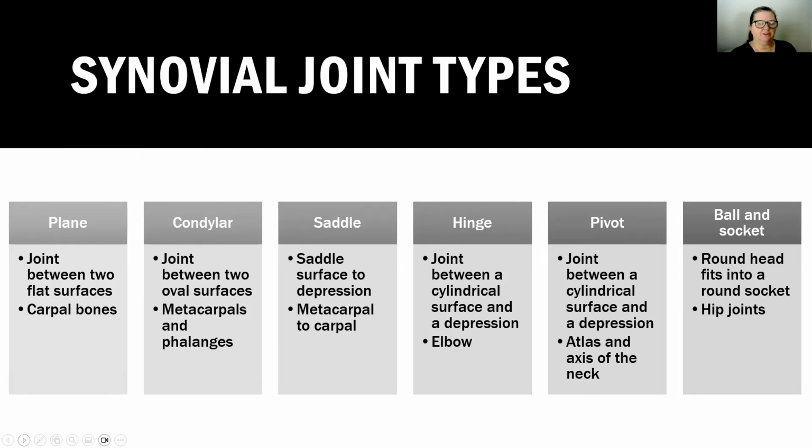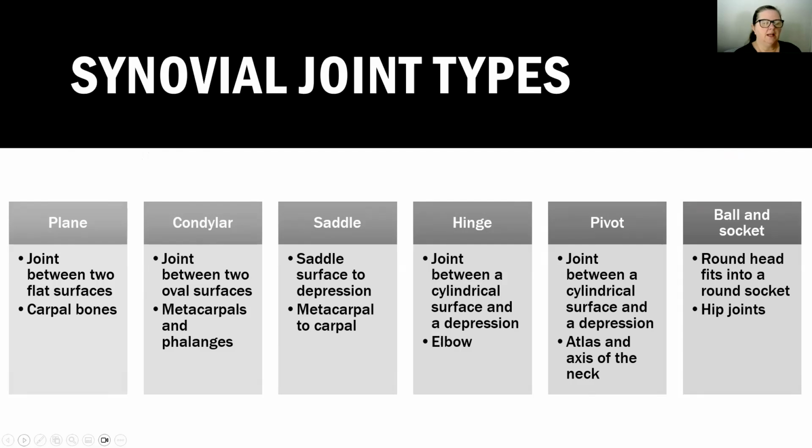A good example of this is the elbow. A pivot joint is also a joint between a cylindrical surface and a depression, although this allows more for pivoting or rotation. The atlas and the axis of the neck, which are the first two bones of the neck, allow you to be able to do this.